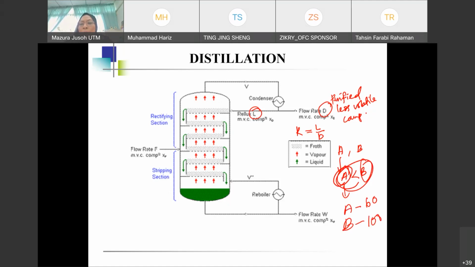You will set the temperature to be in between these two temperatures, because you don't want to put it right on the dot at A, as you will be afraid that not all of the vapor will be produced from your component. So it will be set between 60 and 100, but you don't want to go higher than 100, because otherwise you will get both A and B in the vapor.